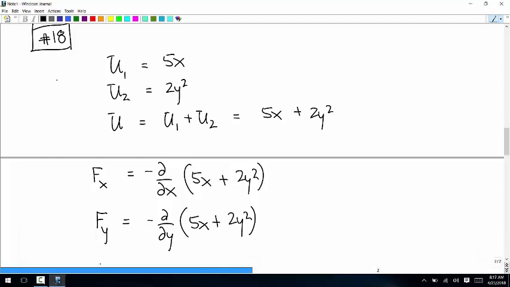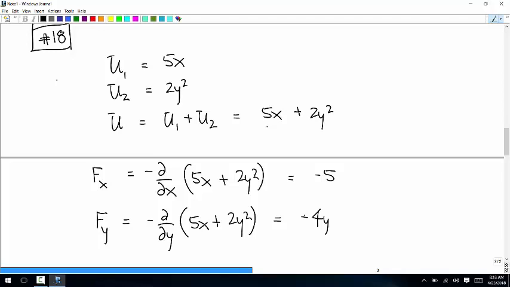All right, so the x component of the force is negative 5. Who got that? Good job. You didn't do it. Bad job. Okay, and the y component of the force is negative 4y.